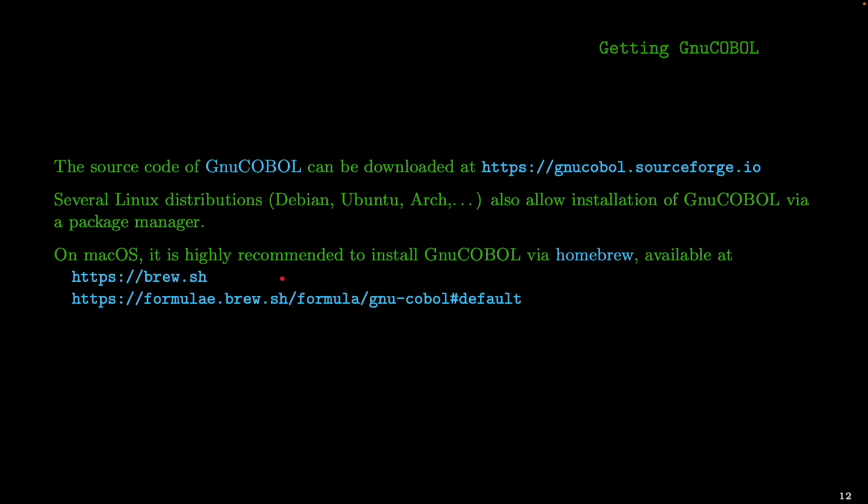So you can install Homebrew, which you get at brew.sh, and then you can get the formula, so the package information for GnuCOBOL at this address here. And then it tells you how to install GnuCOBOL on a Mac using Homebrew. You can also install it on Windows, but I cannot give you any details on that as I haven't done it, but I think it should probably not be too difficult.